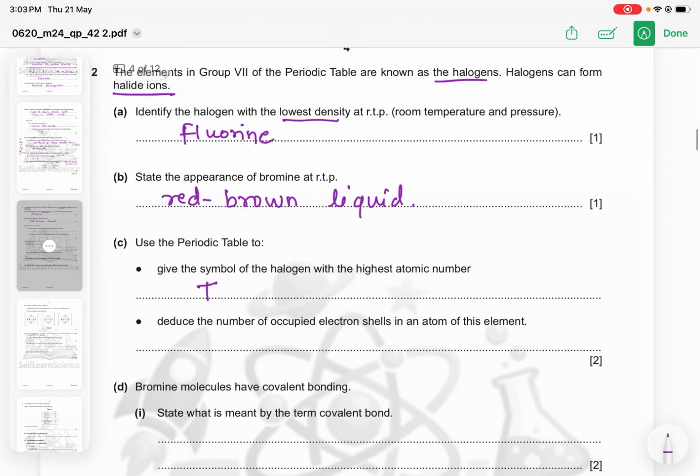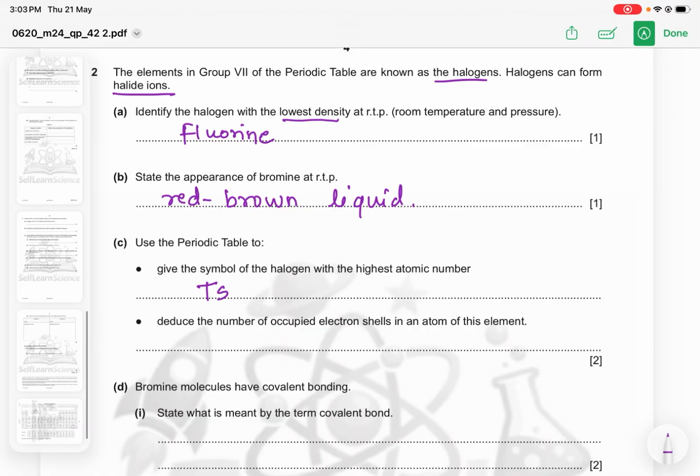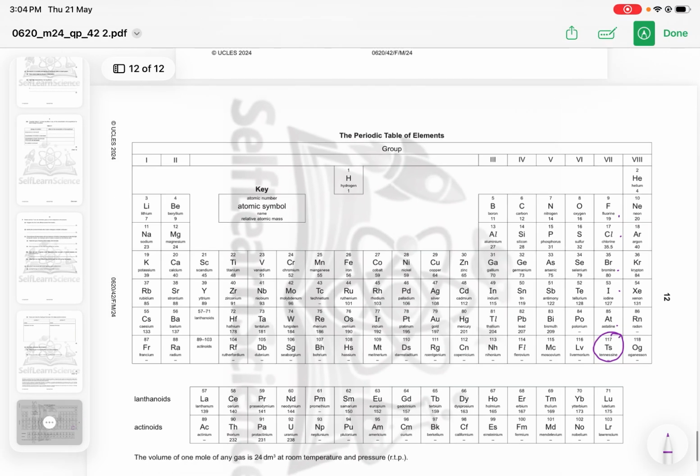So I'll write here. Deduce the number of occupied electron shells in an atom of this element. Again we have to use the periodic table. If you know how to read it, the group number tells us how many electrons are present in the outer shell, and the period number tells us how many occupied electron shells the element has.